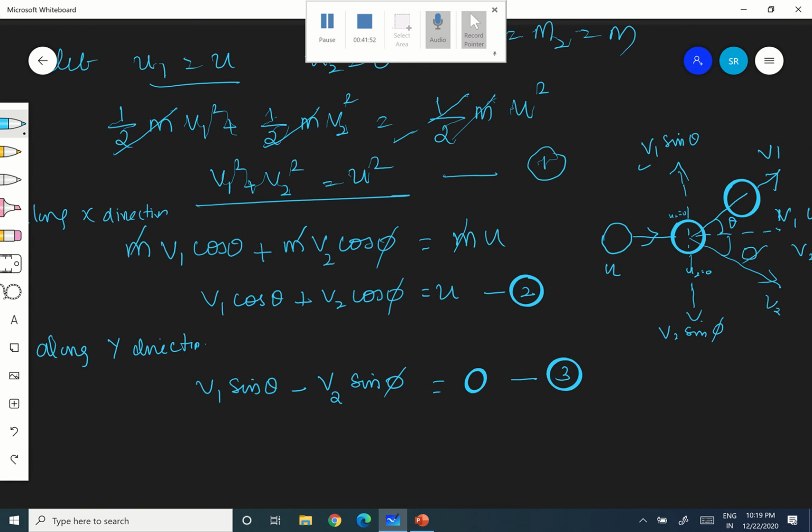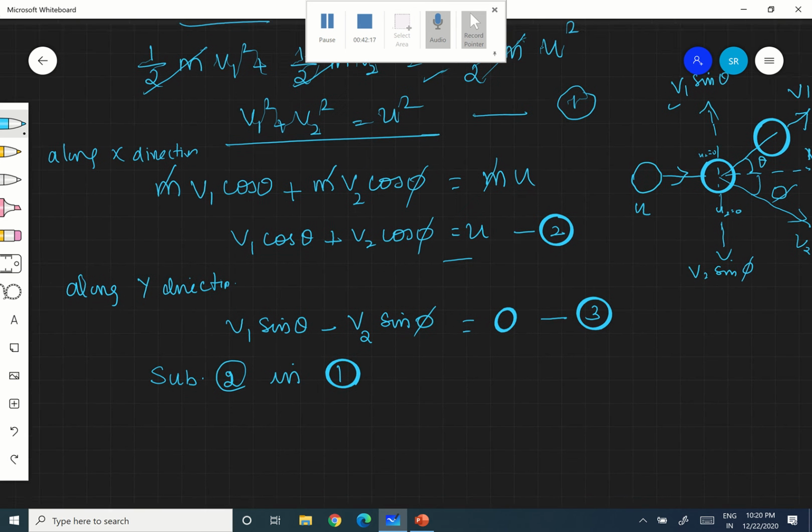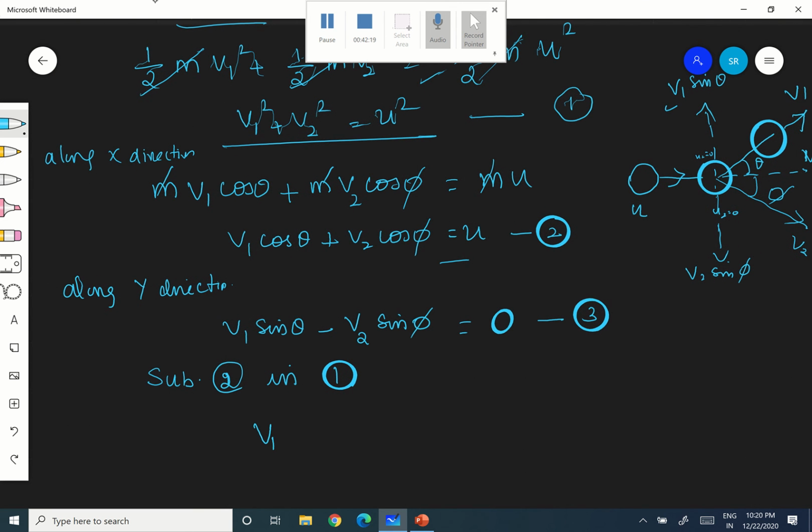See, you are getting v1 squared plus v2 squared equal to u squared now. Therefore, substitute equation 2 in 1. How v1 squared plus v2 squared is equal to u squared. Now u is nothing but this one.